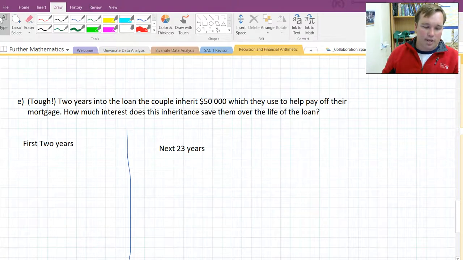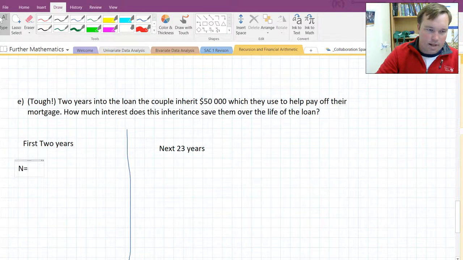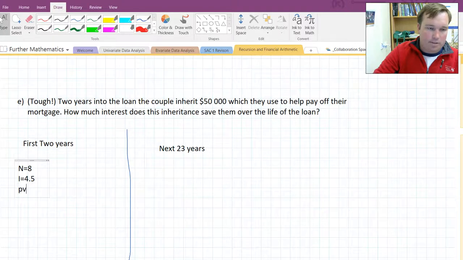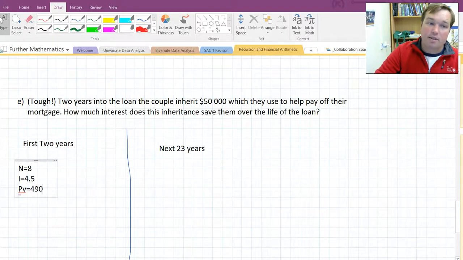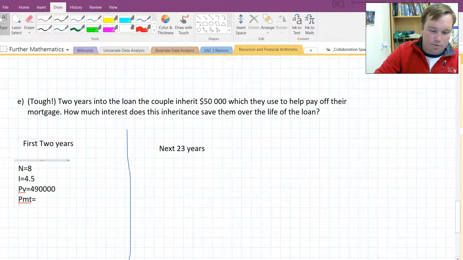So the first 2 years look like this. N is equal to 8, because there's 8 quarters. Interest is equal to 4.5, that stays the same through the whole thing. Present value is equal to 490,000, because they received a positive 490,000 at the start. Payments is equal to 8187.26.